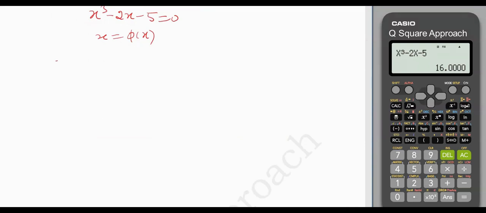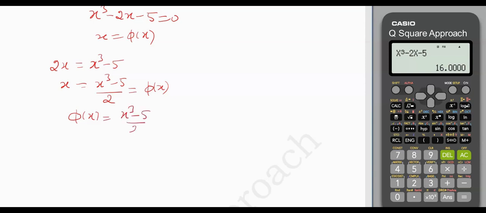So first, 2x is equal to x cube minus 5, and from this x is equal to (x cube minus 5) by 2. We'll take this as phi of x.